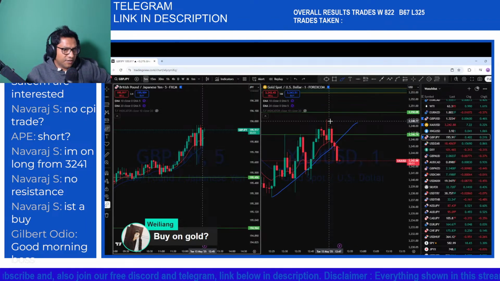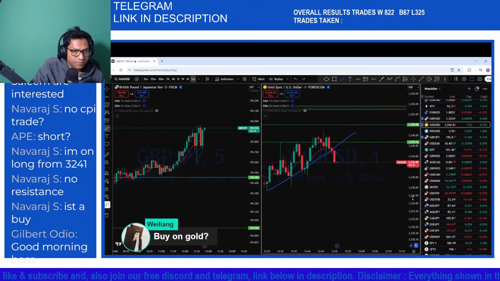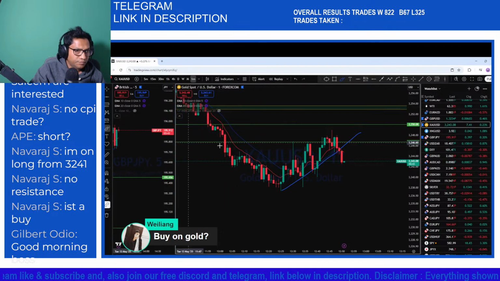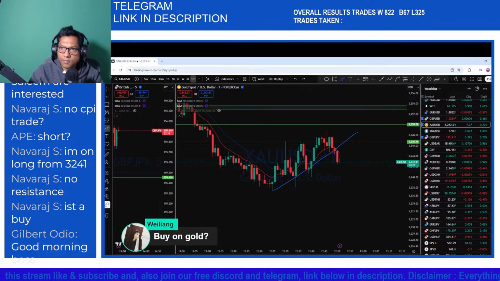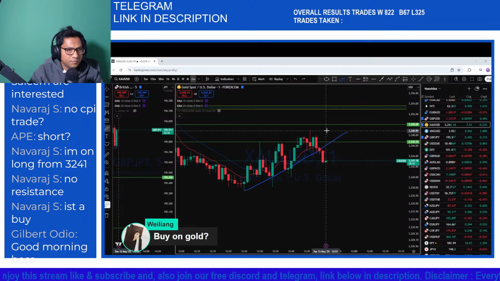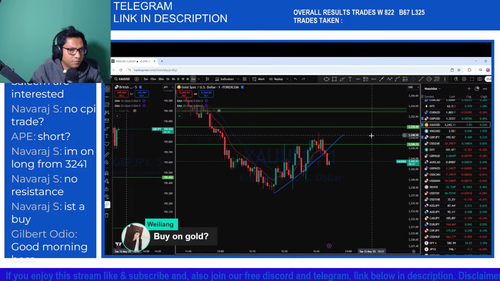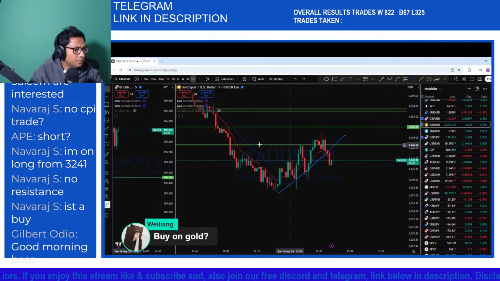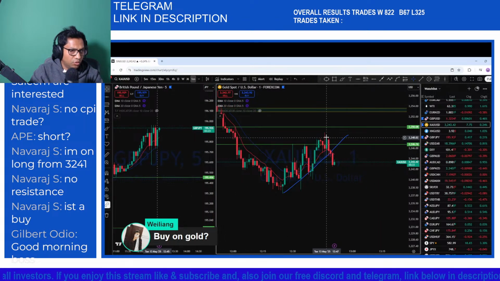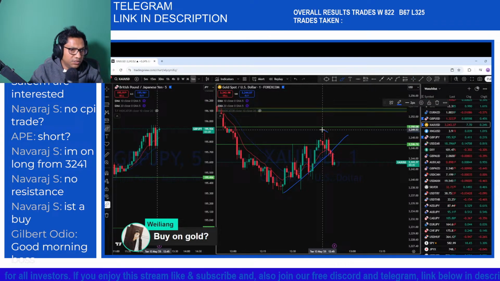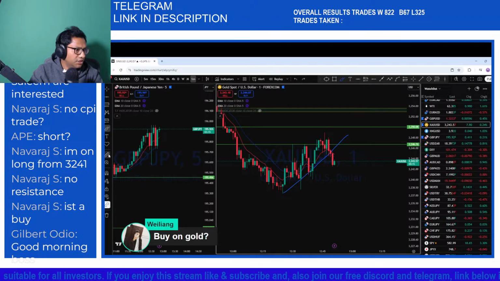Well, you can see that there is a rejection here on XAUUSD. GBPJPY we will keep on watching, while we can see that gold from this resistance line, there is a rejection here.